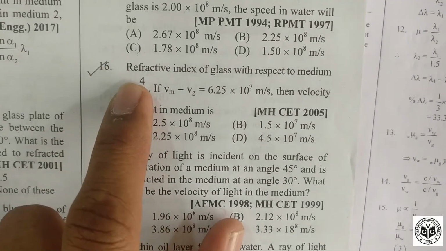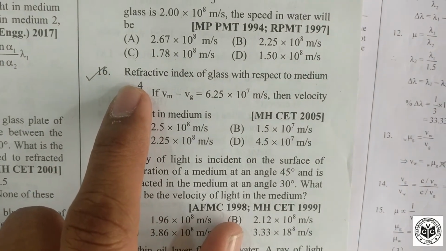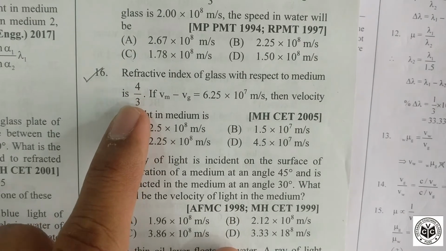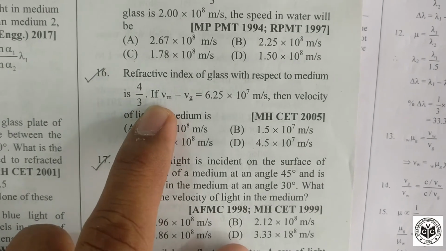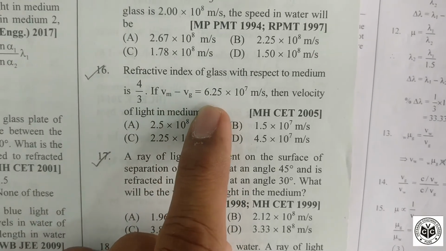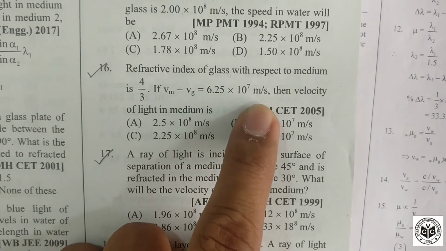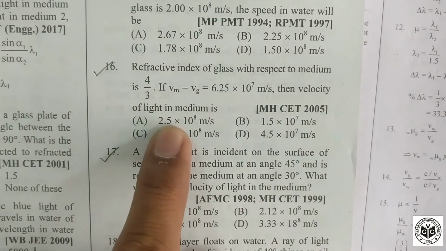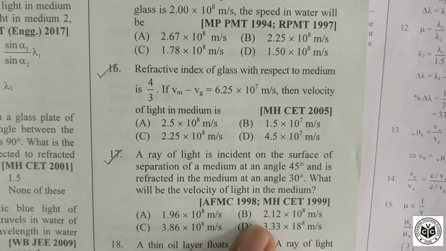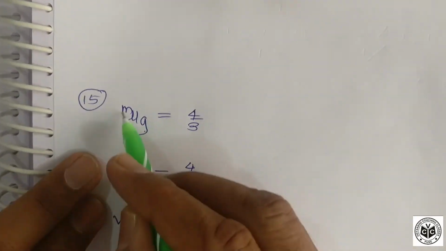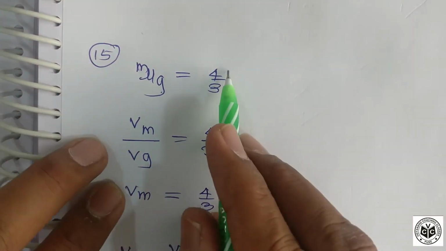Let's come to the next example. 16th, refractive index of glass with respect to medium is 4 upon 3. If Vm minus Vg is 6.25 into 10 raised to 7 meter per second, then velocity of light in medium is, this is asked in CET 2005. So let's see, glass with respect to medium is 4 upon 3.